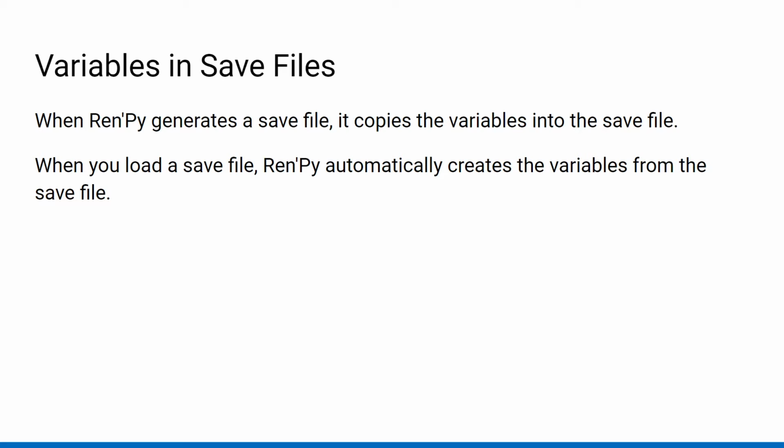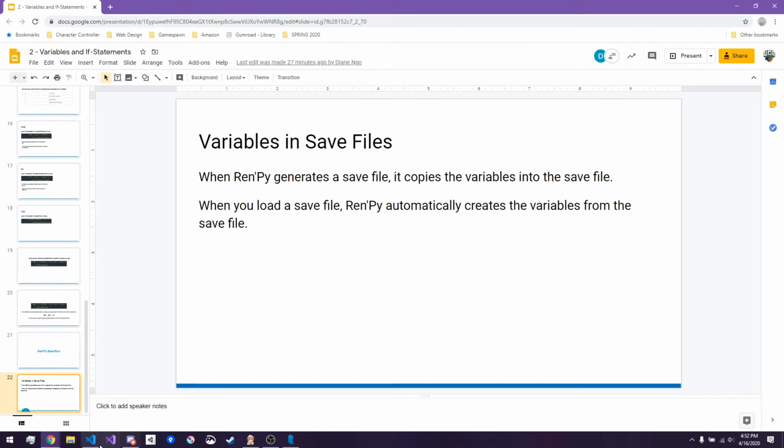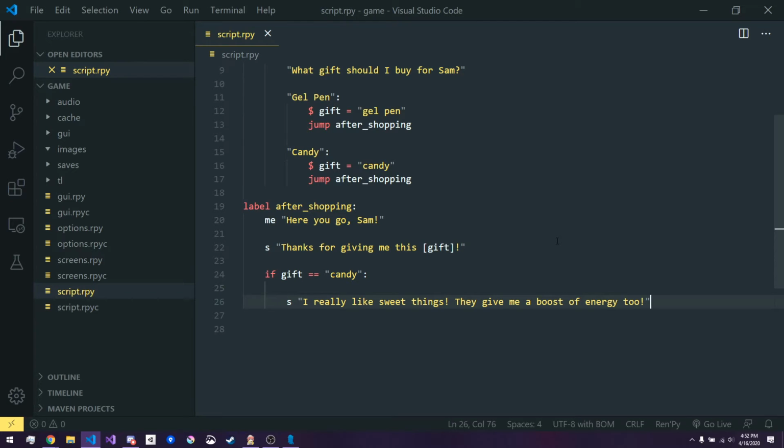If you use the example project and the player chooses the gel pen menu choice and then decides, oh, I don't want to do this, let me go backwards, it'll basically unapply the statement, undo setting the variable, and replace it with the one that was there before.